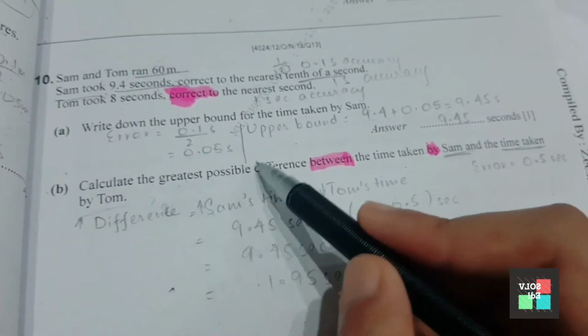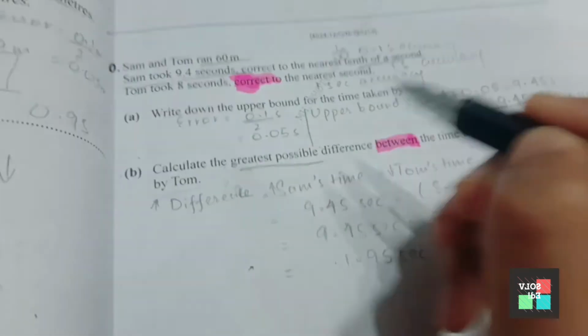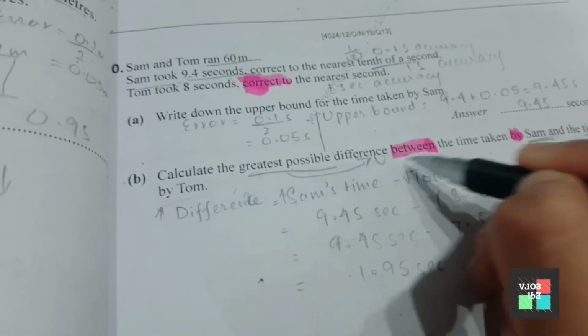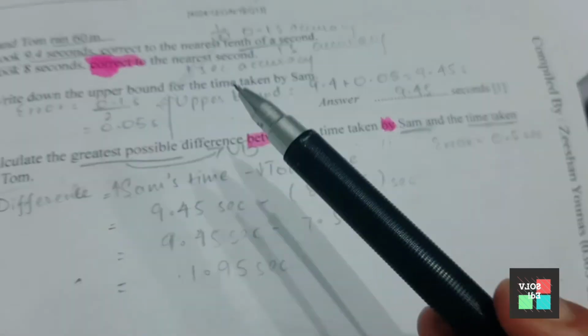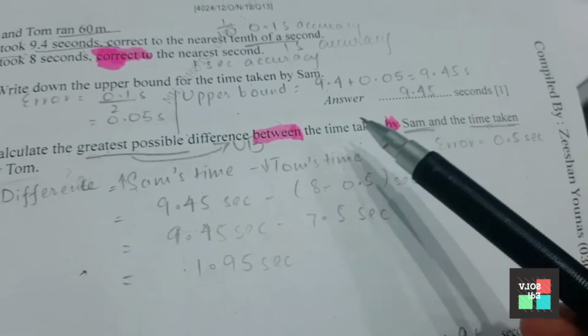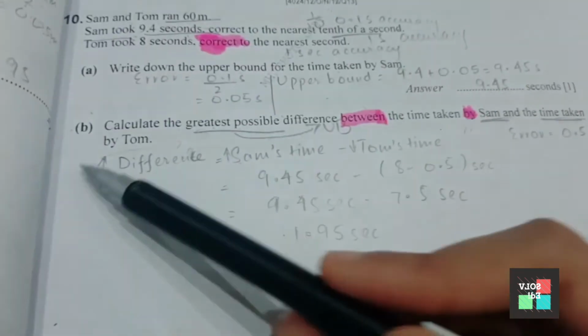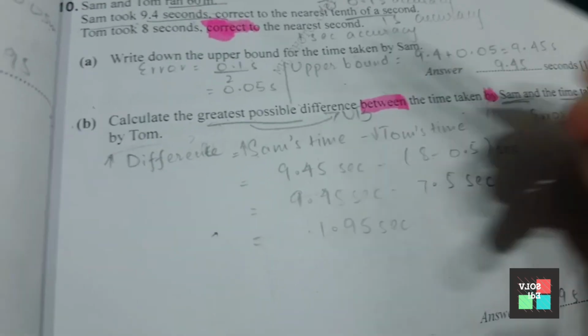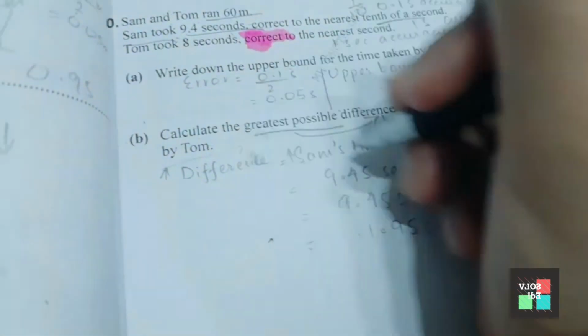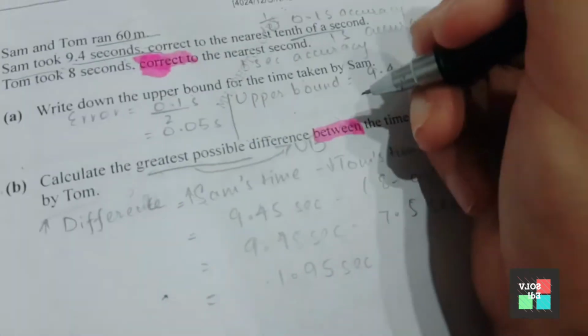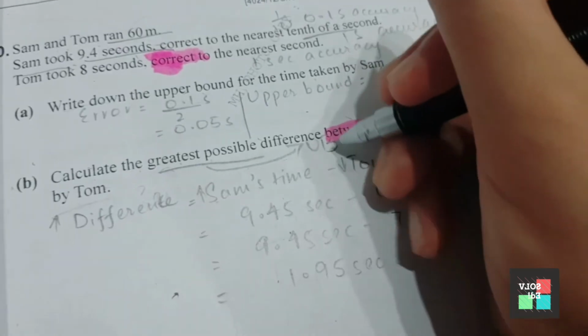Now, calculate the greatest possible difference. This is another key word. This indicates an upper bound of the difference between the time taken by Sam and the time taken by Tom. So simply subtract both of these together. But since they're saying the greatest possible or upper bound difference, Sam's time is going to be upper bound and Tom's time is going to be lower bound.